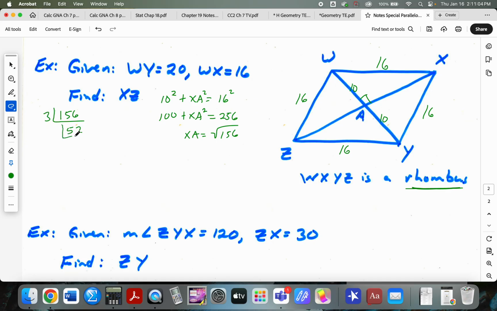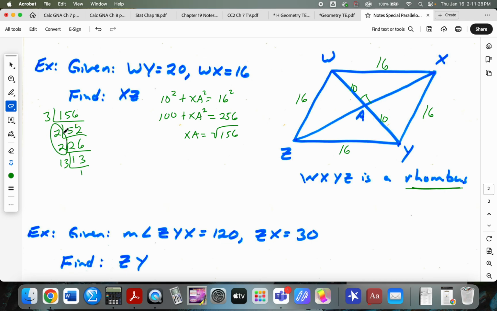That's 52. 3 won't divide evenly into that, so I'm going to switch to 2. 2 goes into 5 twice with 1 left over. 2 goes into 12 6 times. 2 goes into 26 13 times, and 13 is a prime number.